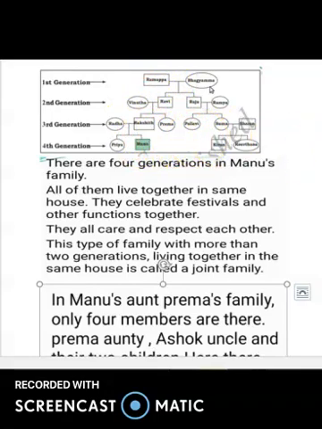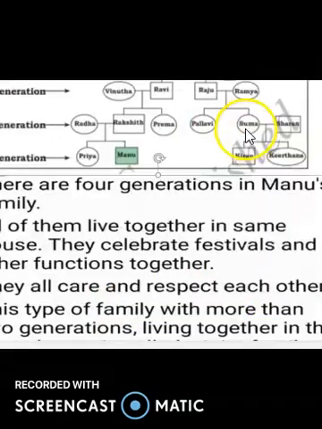Now, let us see Manu's aunt's family. Manu's aunt, not Prema, it's Suma. Look here. In Suma's family, there are only 4 members. Suma is living in the family of Sharan because she is married to Sharan.